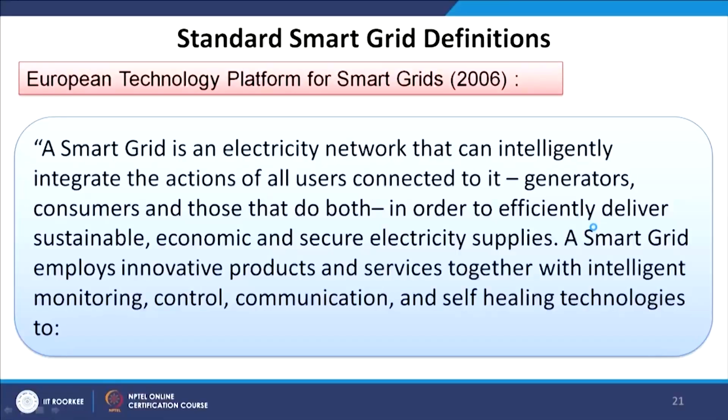The first one, the European Technology Platform for Smart Grid in 2006, defines a smart grid as an electricity network that can intelligently integrate the actions of all users connected to it, generators, consumers and those that do both, in order to efficiently deliver sustainable, economic and secure electricity supply.